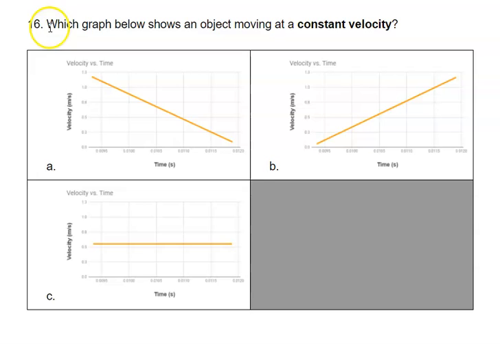Question 16. Which graph below shows an object moving at a constant velocity? Is it A, this graph, B, this graph, or C, this graph?